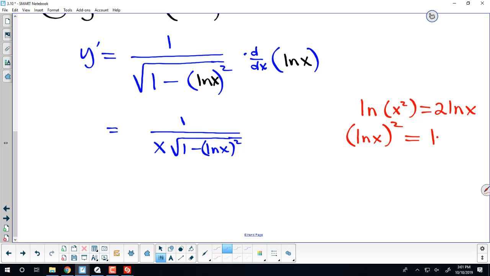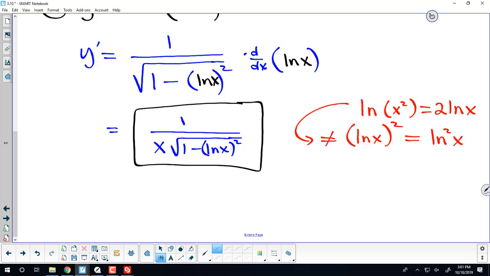So sometimes the natural log is written like your sines and cosines, so people won't make that mistake of putting the 2 out front. Because these two things are not equal. So just be careful with what you do there. Okay. Any questions on that example?